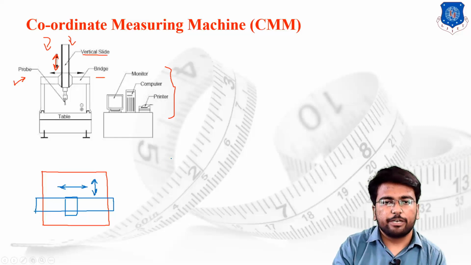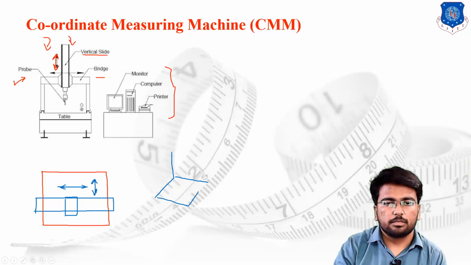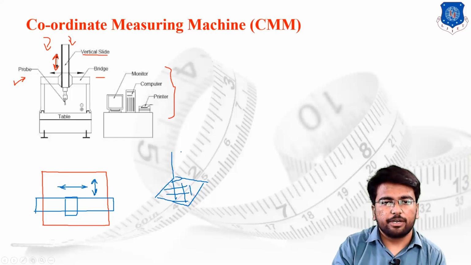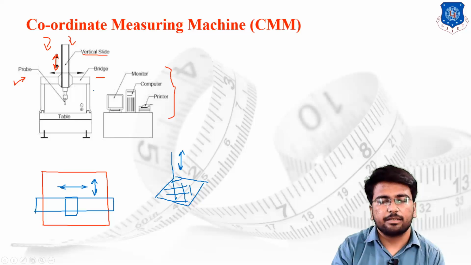If we discuss the three-dimensional view, the bottom plane will be covered by the bridge structure and the hanger of the probe, and the vertical direction will be taken by the vertical slide.